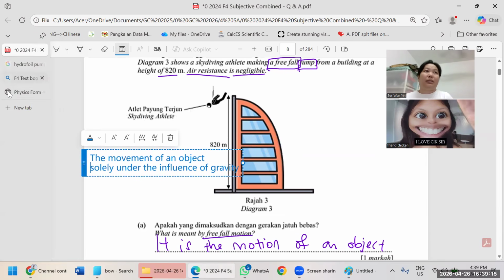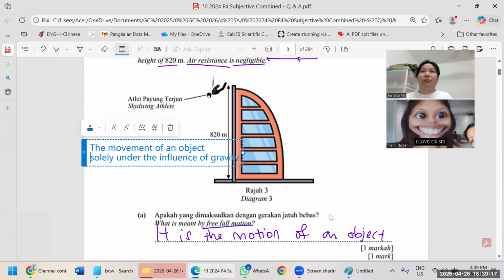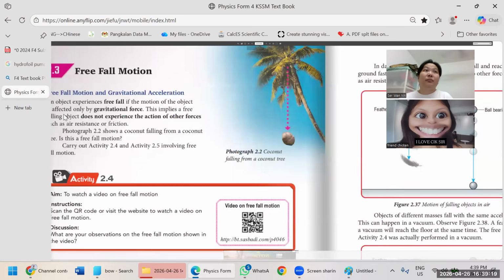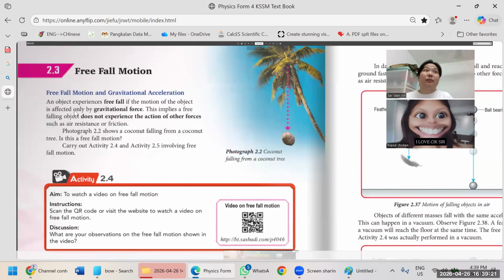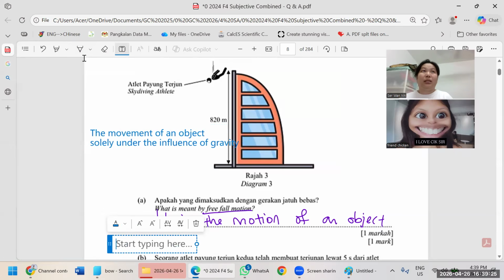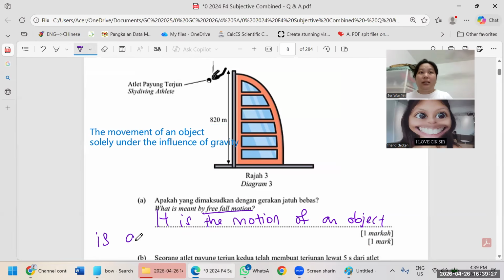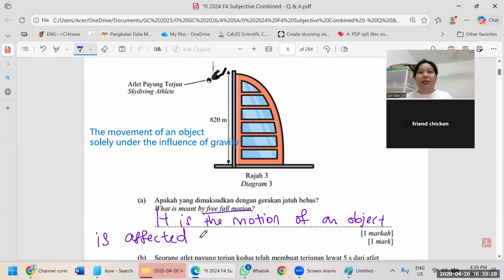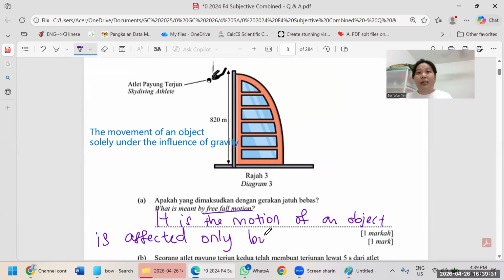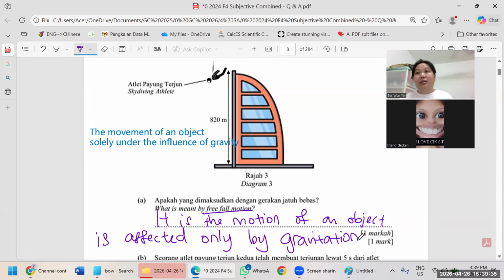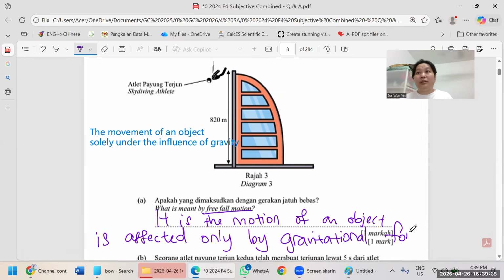We discussed this later. Of an object that is affected only by gravitational force. Okay, is affected only by gravitational force.